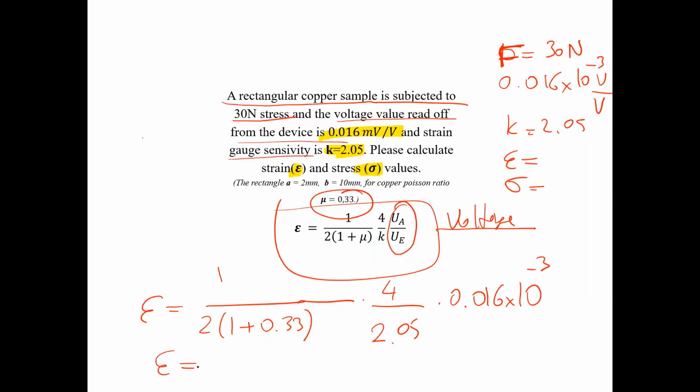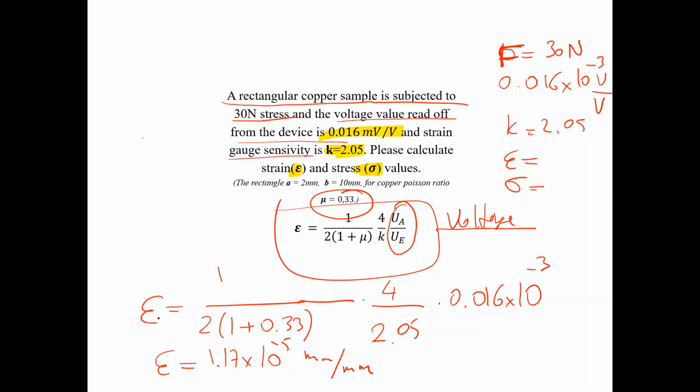And this epsilon value is 1.17 times 10 to minus 5 millimeter per millimeter.